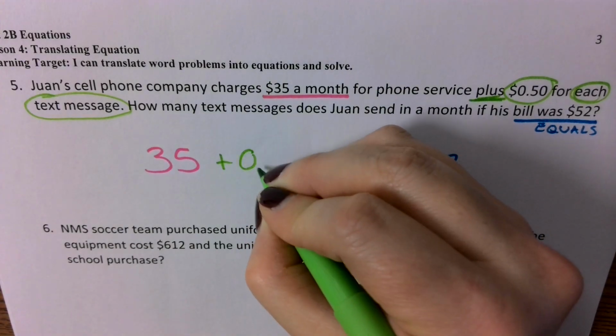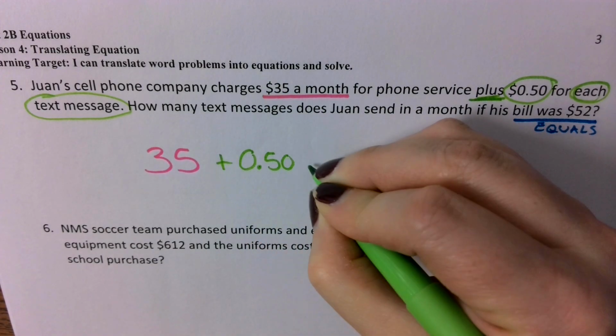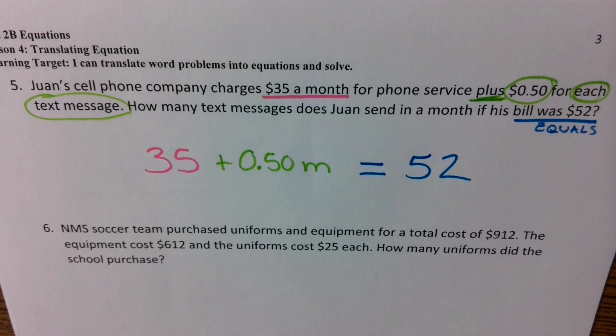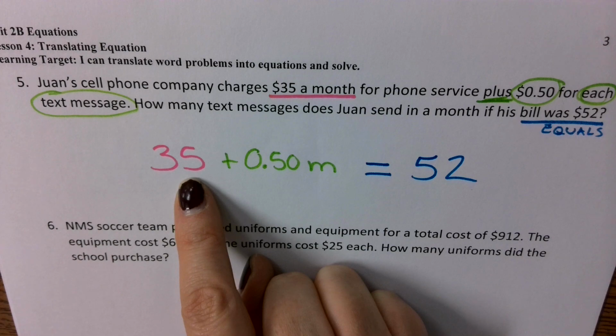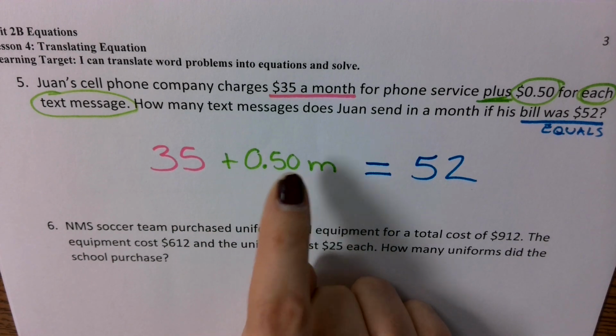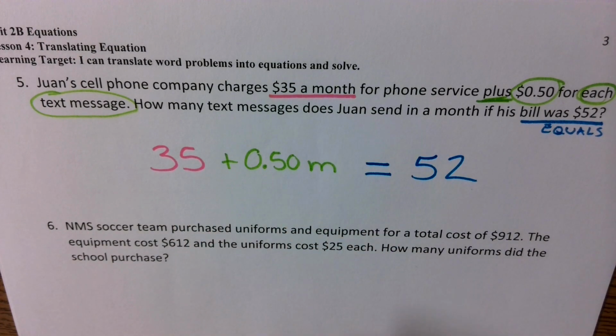So I'm going to put 0.50, and you could put T or you could put M. M's a better one, message, instead of T, because T looks like a plus sign, doesn't it? Okay, there's our equation. $35 for the overall charge, plus the 50 cents for every message, and that's going to equal a bill of $52.